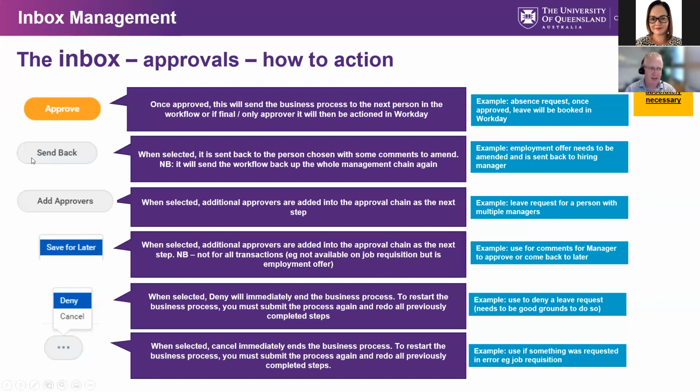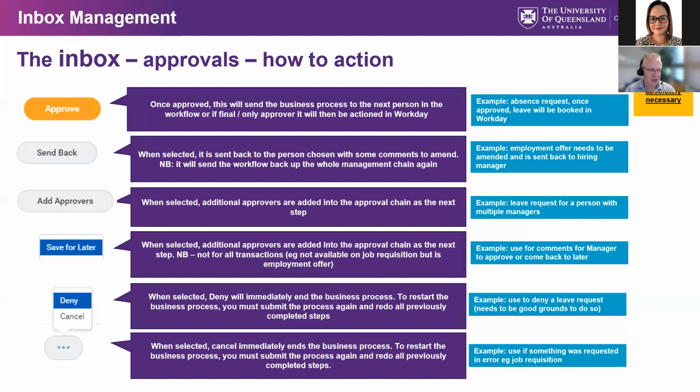The send back button is if you want to send it back with some information, for instance, to update. So let's take, for instance, an employment agreement, and you've reviewed all the information within Workday. You feel it's missing some justification, for example, as to why it should have a market loading, and that's coming to a head of school.